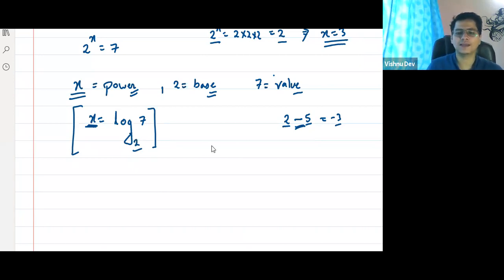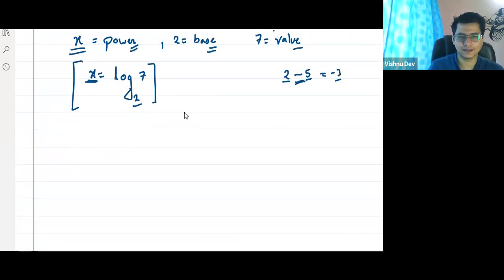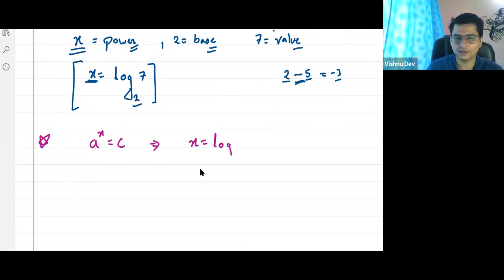So I can generalize it and I can say, okay, sir, if I'm having any exponent, which is a to the power x is equal to c, right? So I can find the value of x in terms of a and c using an operator which is called log.